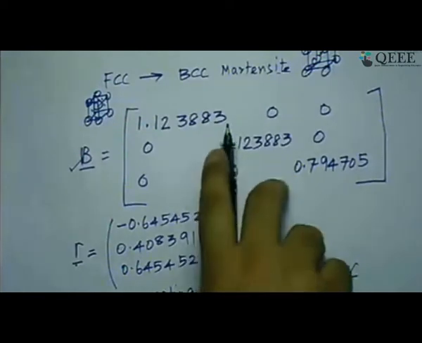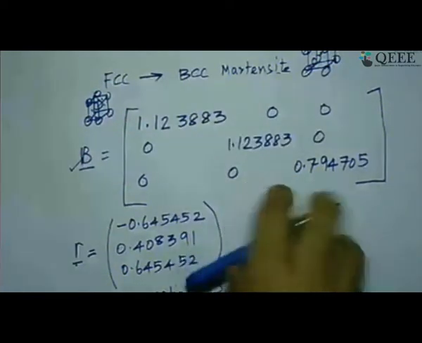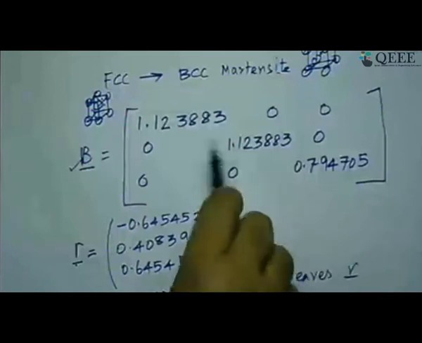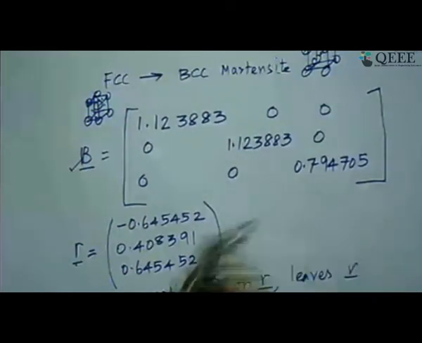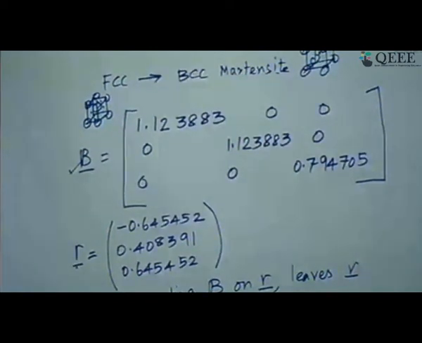That is, if this is R, it becomes something like this. So its magnitude is not changed, just that its orientation has changed. So that is what I want you to check. Can you do the calculation and tell me if it is so?